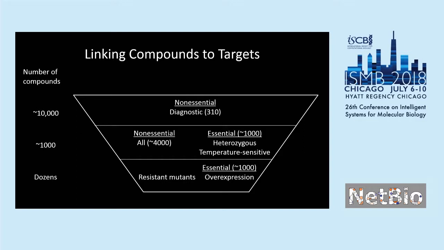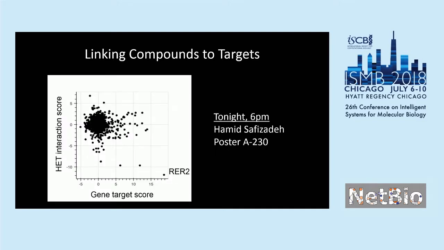And to give you a little teaser of things that we can see when we integrate all these data types, we have on the x-axis the similarity score between chemical genetic and genetic interaction profile. And then on the y-axis, we have scores for heterozygous diploid mutants, which when you see a negative score, that can actually implicate that gene's protein as the direct target.